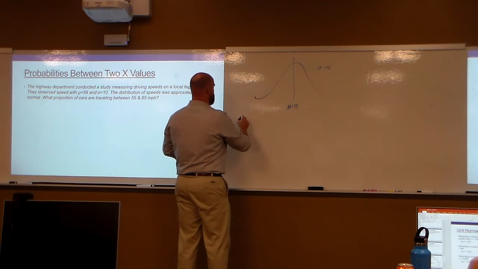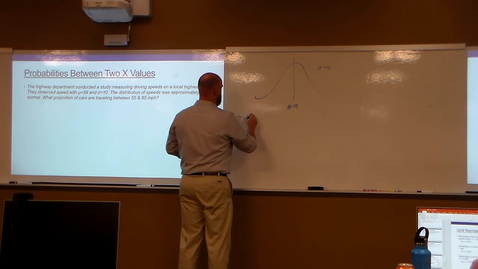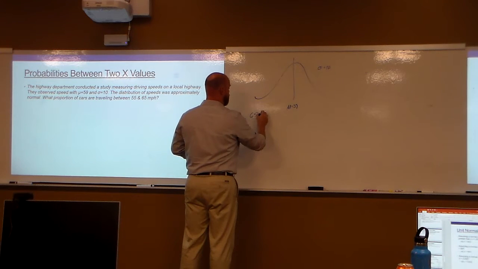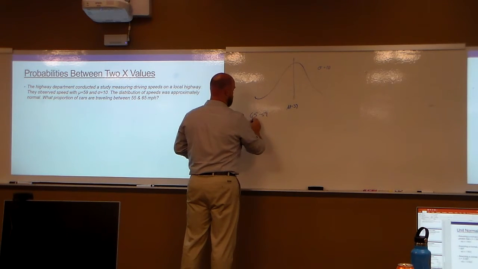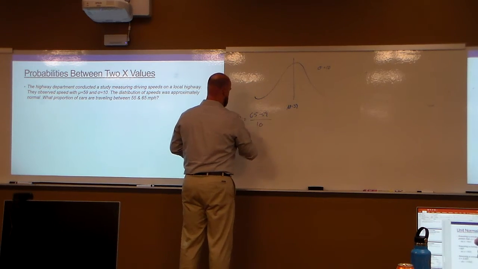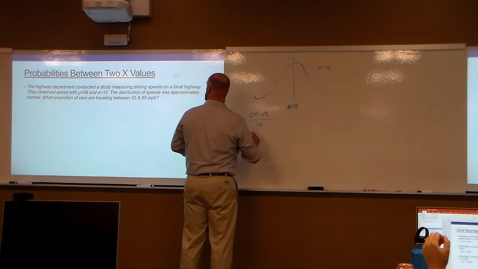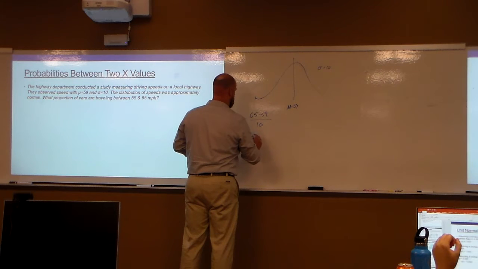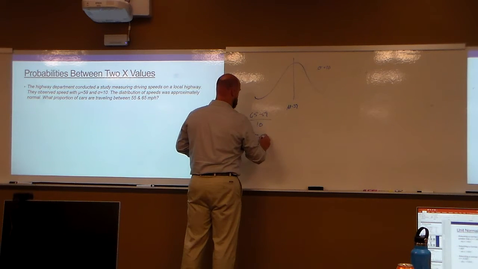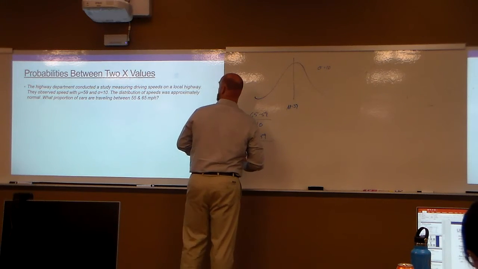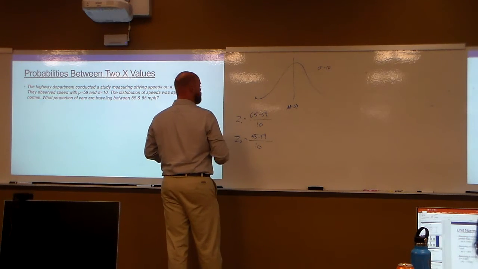So what I might do is I might say Z1 is 65 minus 59 over 10. Z2, I take 55 minus 59 over 10. Someone tell me what my two Z-scores are here.